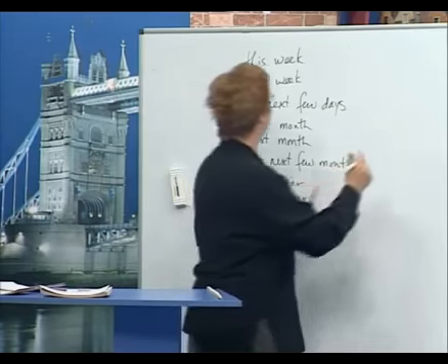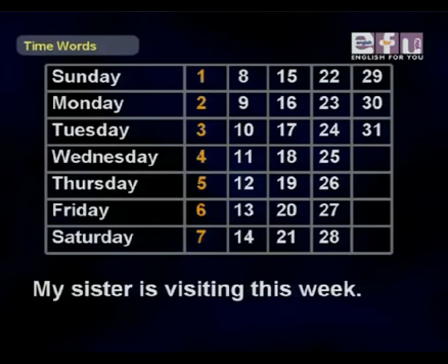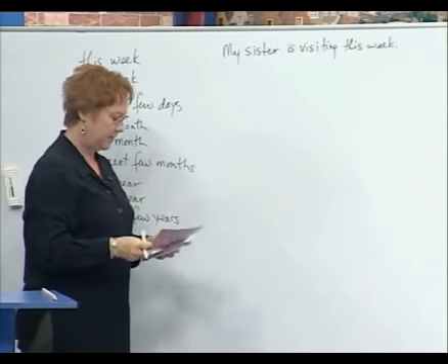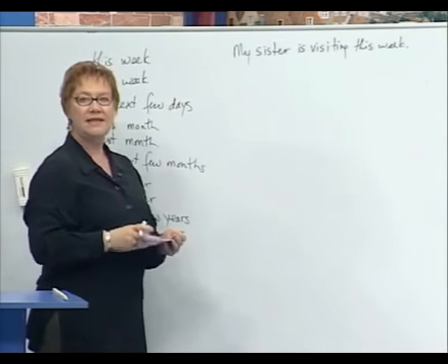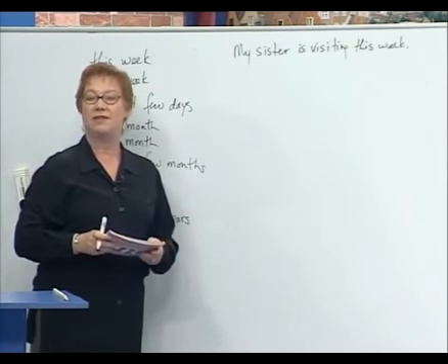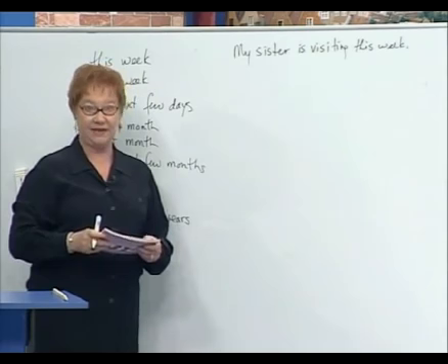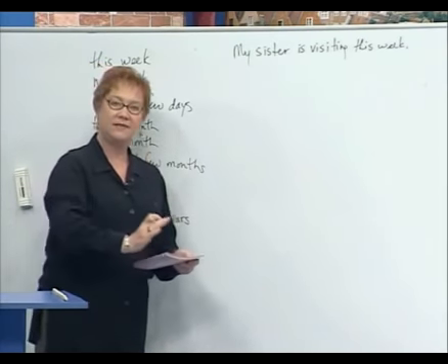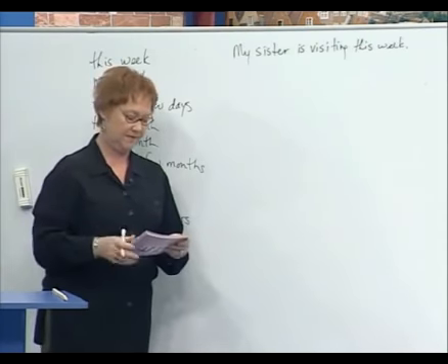So, for example, my sister is visiting this week. This means my sister is visiting from August 1st to August 7th. The days between August 1st and August 7th are this week.